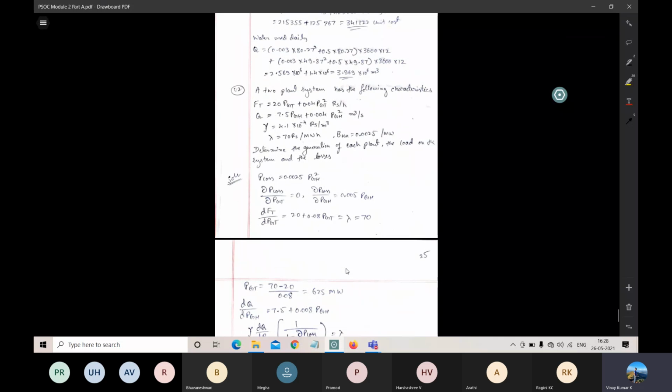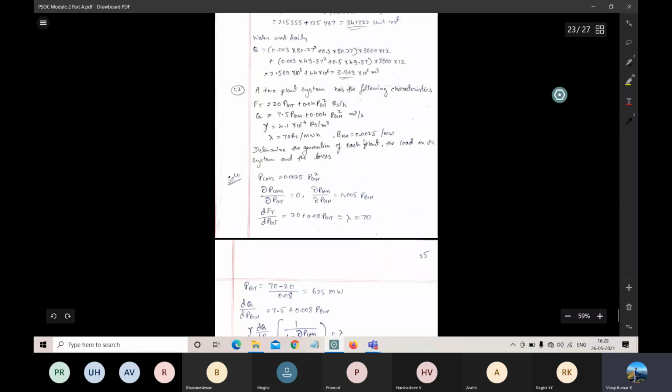So how do we need to solve the problem now? Here we need to calculate the generation of each plant, the load on the system, and the losses. So we need to calculate PGH, PGT, as well as dou P losses. For that we need to calculate all the things.